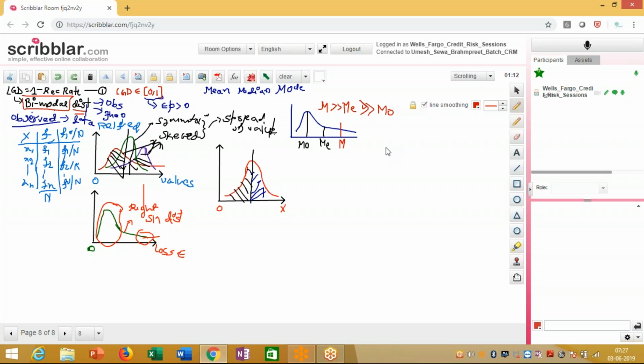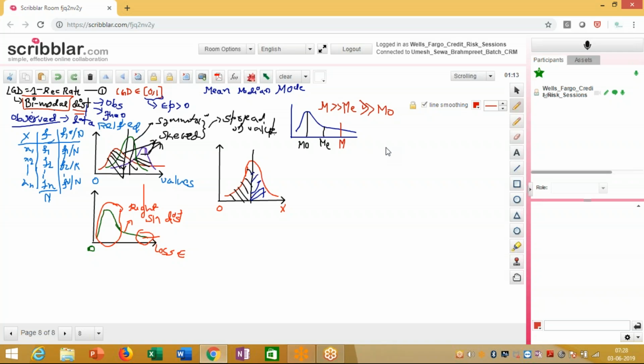Now, one of the most important characteristics of the distribution of the LGD model is that it is not a unimodal distribution.